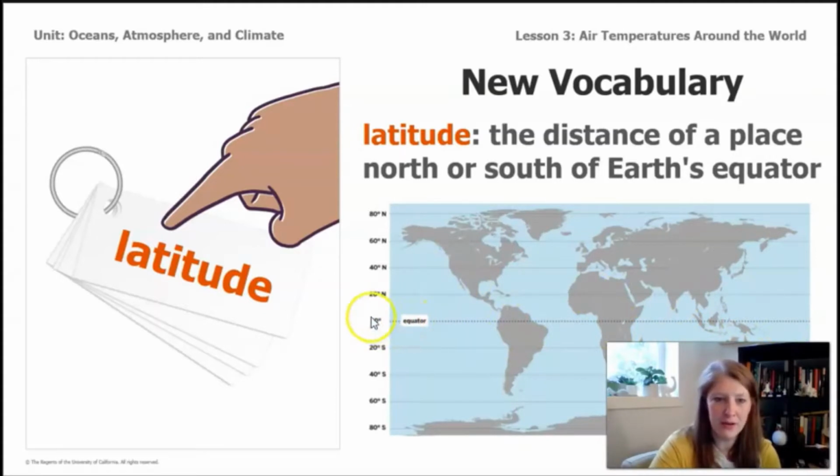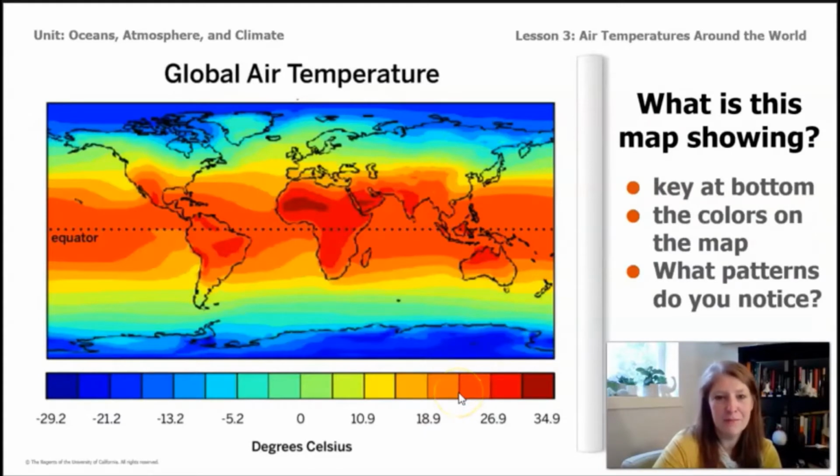And then if you go to the next line, it says 20 degrees north. And if you go to the one beneath the equator, it says 20 degrees south. So the number there, the latitude line, just tells you how far away you are from the equator. If you're at 60 south, that just means that you're 60 lines below the equator.